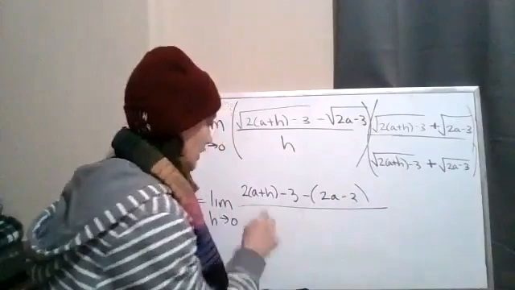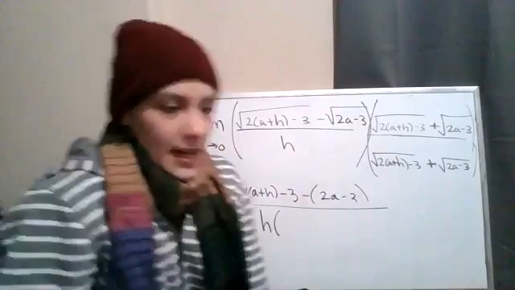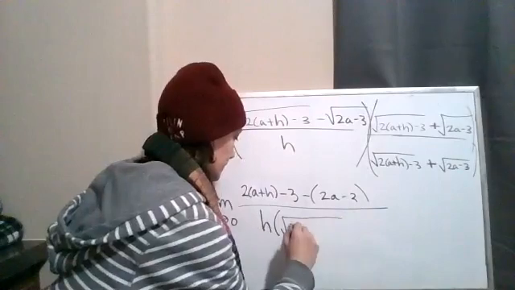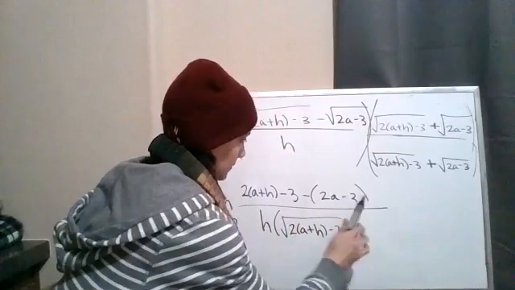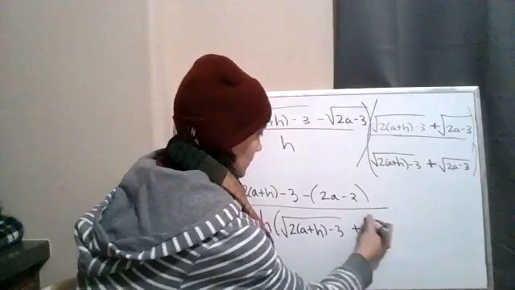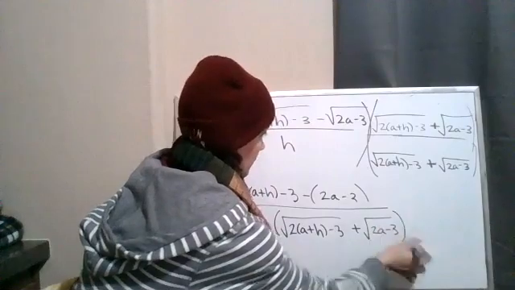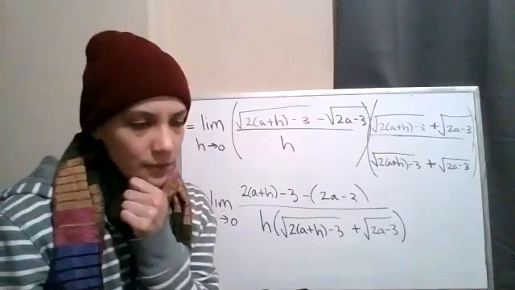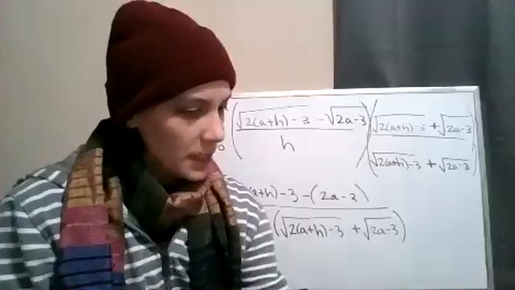Okay, but we still have h times. I just wrote everything as it is. Okay. Can we factor out an h, or what happens? I think everything cancels out nicely.